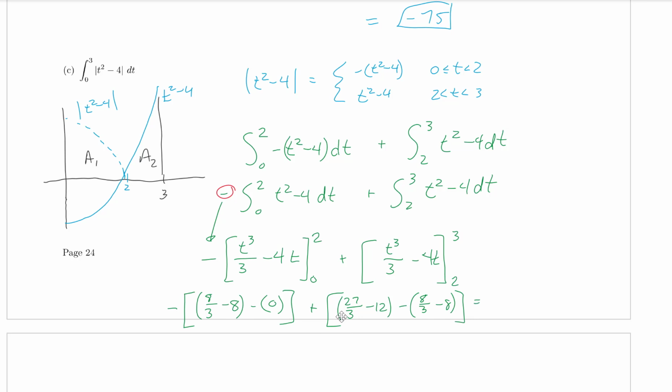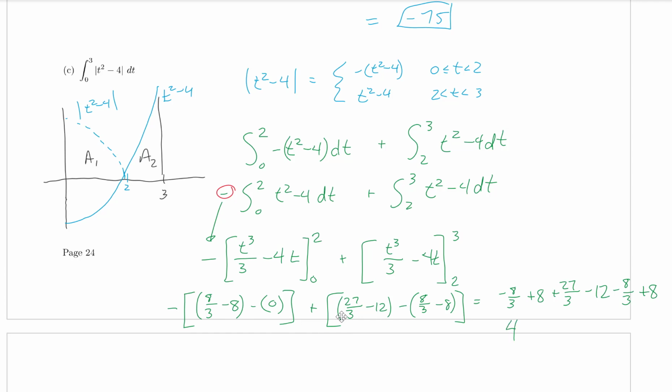So then what we have is negative 8/3 plus 8 plus 27 thirds minus 12 minus 8 thirds plus 8. And so I have 16 minus 12 is 4.